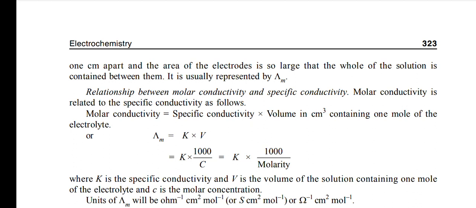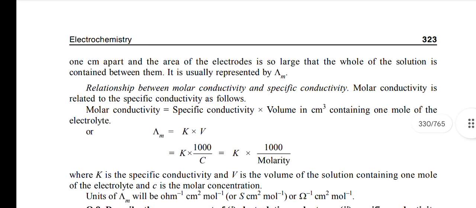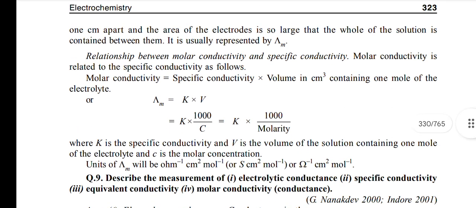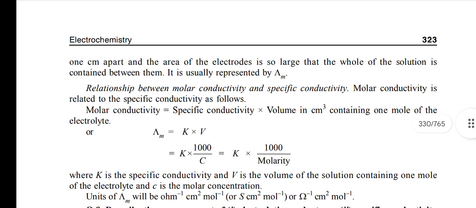Relationship between molar conductivity and specific conductivity. Molar conductivity is related to the specific conductivity as follows. Molar conductivity is equal to specific conductivity into the volume in centimeter cube containing 1 mole of the electrolyte, where K is the specific conductivity and V is the volume of the solution containing 1 mole of electrolyte, and C is the molar concentration.